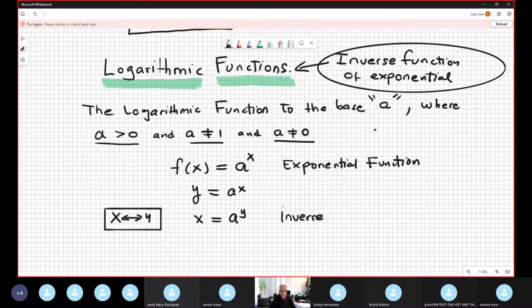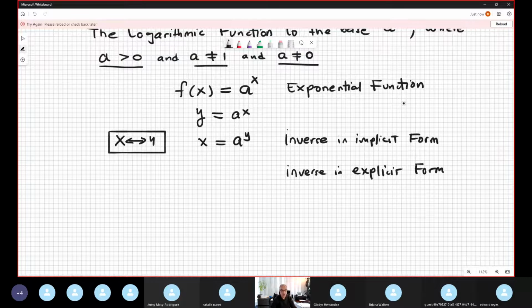But the problem is that the inverse is implicit. Implicit, not good, not clear. I need the inverse in explicit form. Explicit is when the y is isolated. But to isolate it, we are using a new notation.